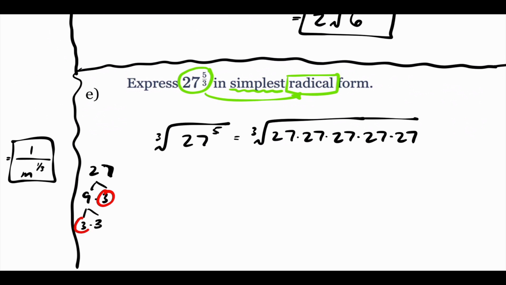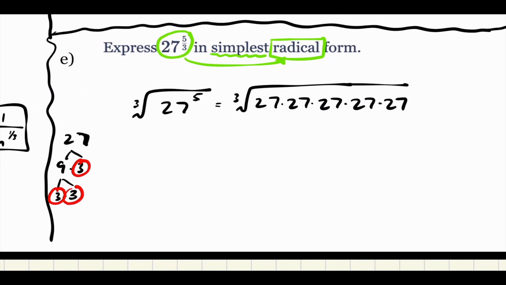So each one of those 27s is 3 times 3 times 3. Use your mental math: how many 3s do I have total? 15, right? This guy has 3, this guy has 3, this guy has 3, this guy has 3, this guy has 3. Put them all together, you have 15 3s.